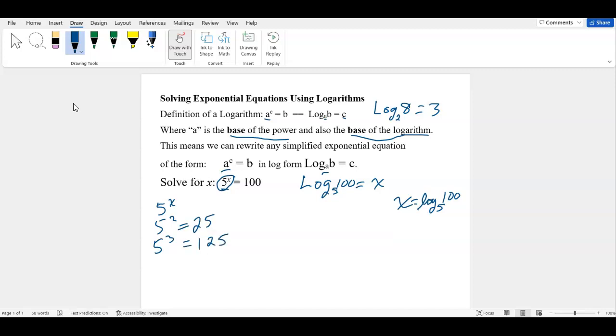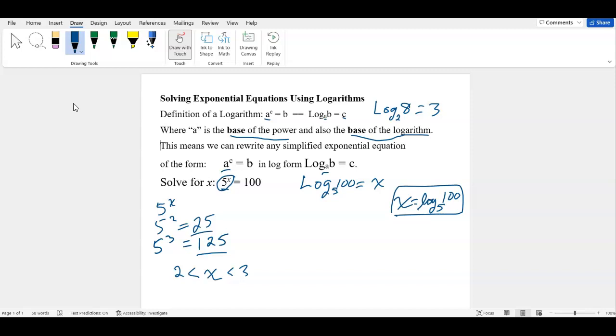So if x was 2, that would be too small, 25. And if x was 3, that would be bigger than 100, so that would be 125. So we do know that x is between 2 and 3. We could start guessing, but that might not give us much more information. So log base 5 of 100 is something between 2 and 3.